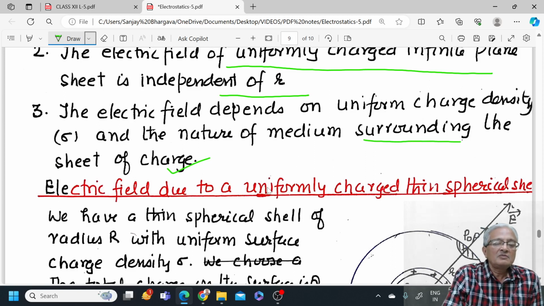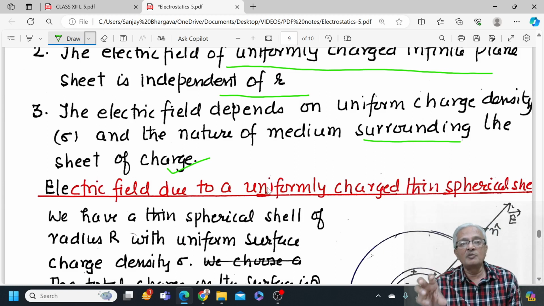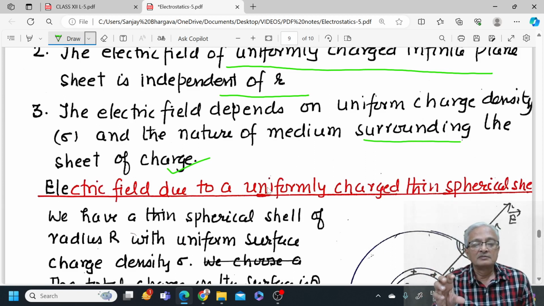So we have found out a method by which we are able to calculate certain situations where electric field is uniform and independent of r, that is, the distance of point of observation.